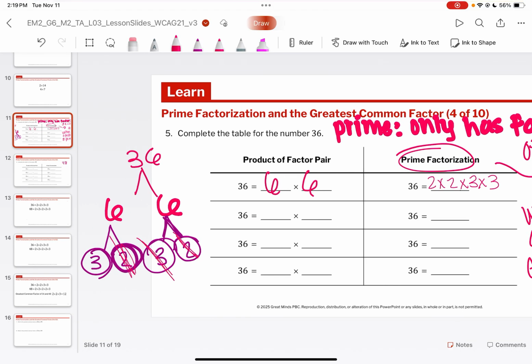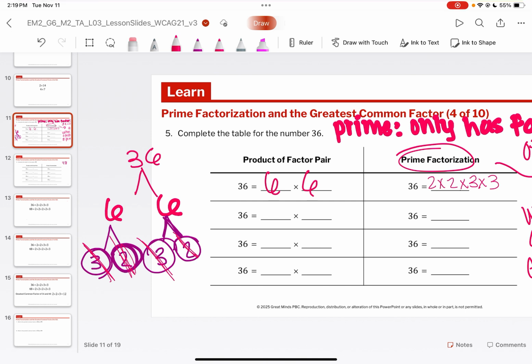Cross it out. That is a prime factorization. It's written as a product of prime numbers. And I can check my work. What is 2 times 2? 4. What is 4 times 3? 12. What is 12 times 3? So does my final answer give me 36?